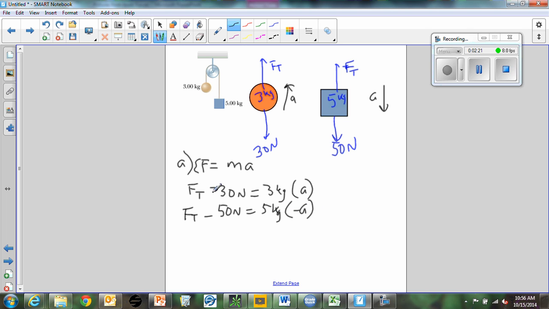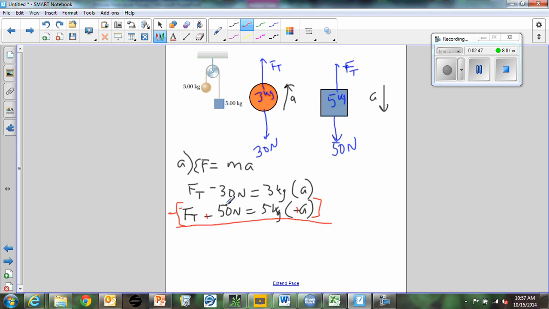Now, the easiest way to do this is subtract these two from each other. It's called elimination. So if I put a negative sign out here, which means I have to multiply through by a negative sign, and then this becomes negative, that becomes positive, and that becomes positive. So Ft minus Ft is 0.